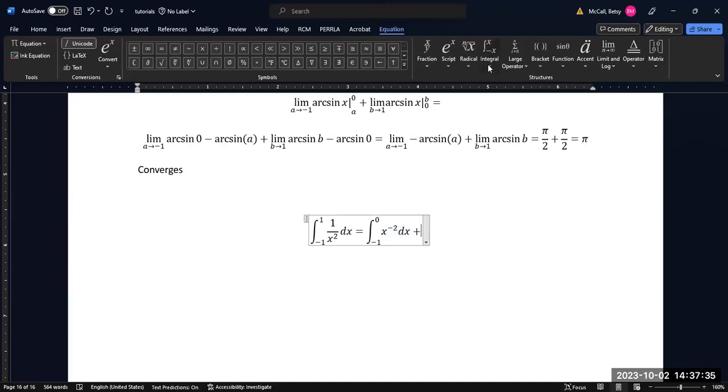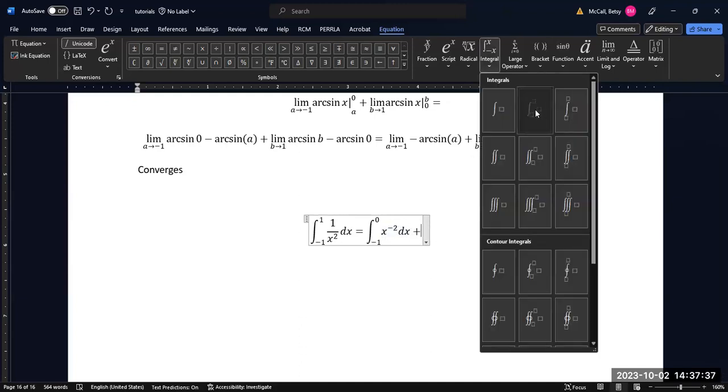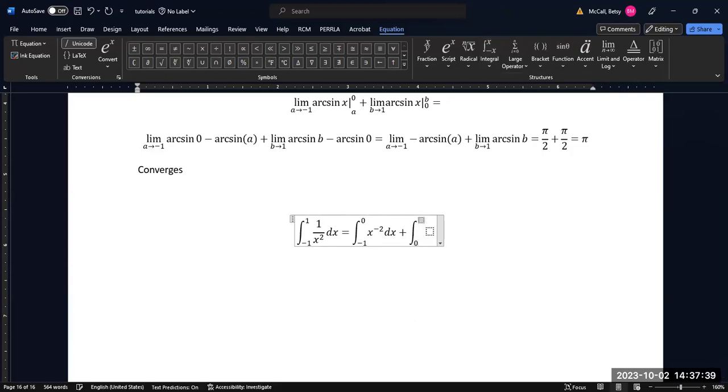And then from 0 to 1, x to the -2. But the problem point is not at the 1 and -1. The problem point is at the 0.